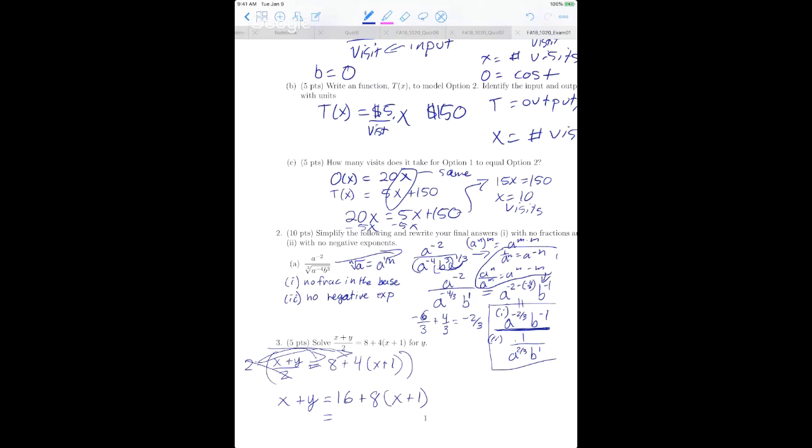All right, so let's simplify this side a little bit, because I can do a little bit better. 16 plus 8x plus 8. All right, so then x plus y is the same thing as 24 plus 8x. So that means that y is the same thing as 7x plus 24, subtracting the 1x over there.